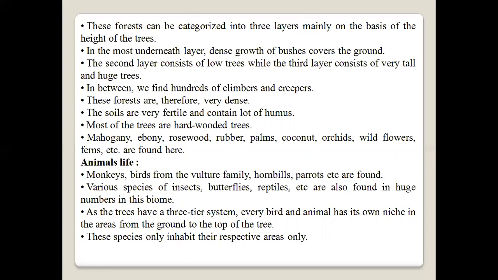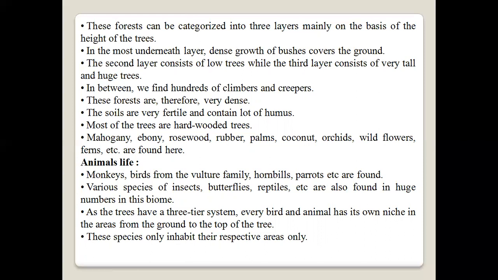In between, we find hundreds of climbers and creepers. These forests are therefore very dense. The soil is very fertile and contains lots of humus. Most of the trees are hardwood trees. Mahogany, ebony, rosewood, rubber, palm, coconut, orchid, wildflower, fern, etc. are found here.